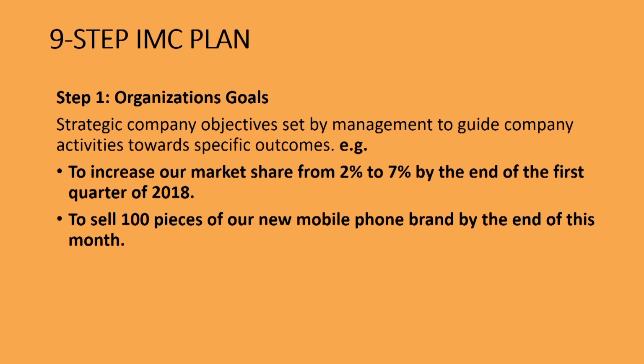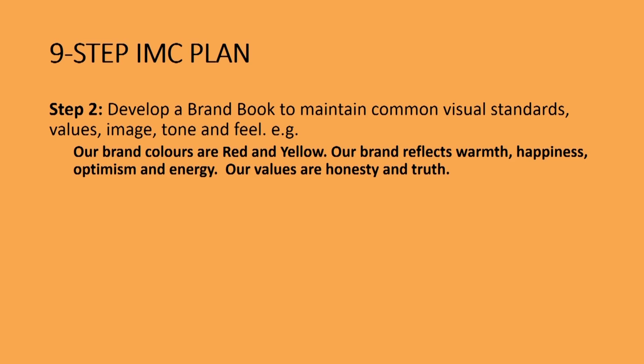Then after that, like I was saying, in the brand book, this is where you now develop common standards. An example here would be, if you have certain colors that speak to your brand, think about red, yellow, or blue, or whatever color a corporate organization has, then there is a kind of message that these colors want to reflect.